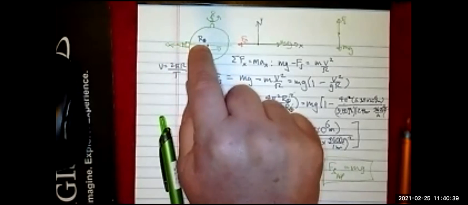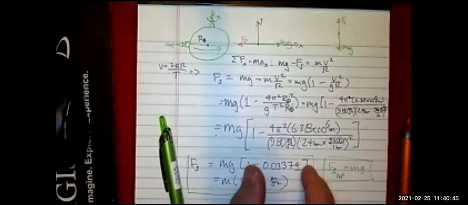Well, that's your force of gravity. So part of that is making the scale go up, but the other part is just making you accelerate inward. That inward acceleration multiplied by your mass is the 0.033 that's being subtracted. Does that make sense to you?